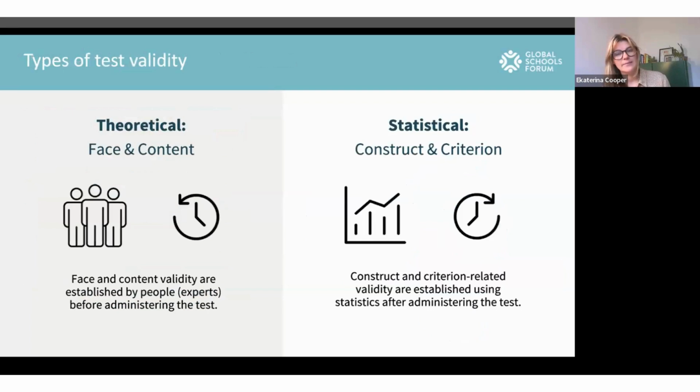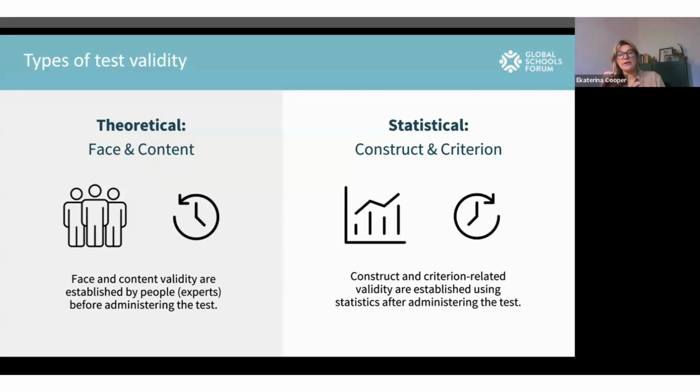Okay, next slide. So there are different types of validity. The face and content validity simply shows that these questions, the tasks being used and administered, are effectively what they say they are, and they are established by experts, and they are very, very closely aligned with what those constructs or tasks are meant to measure.